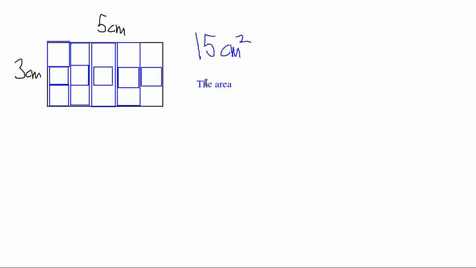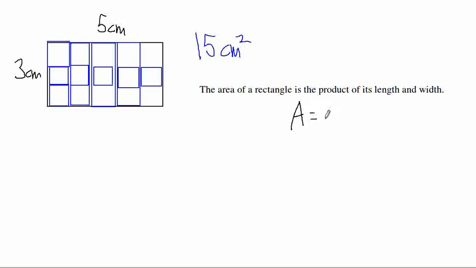The area of a rectangle is the product of its length and width. So if you call the length L and width W, then the area is L times W. All right? Now let's do parallelograms.